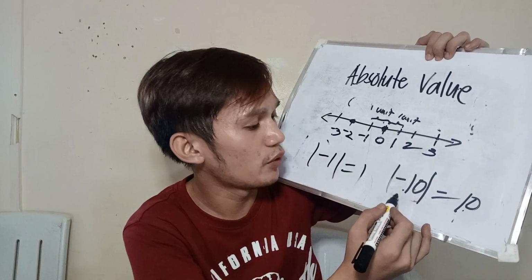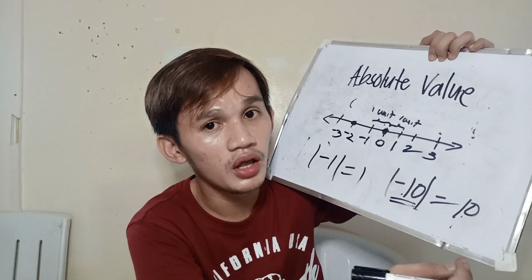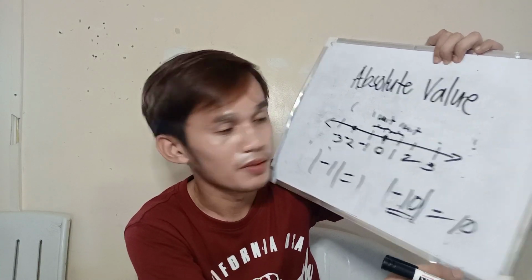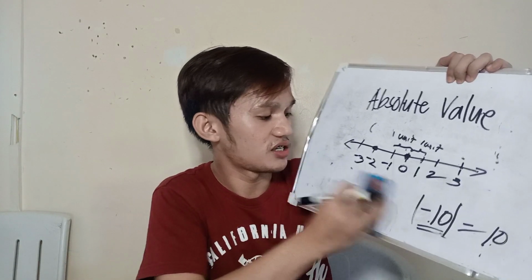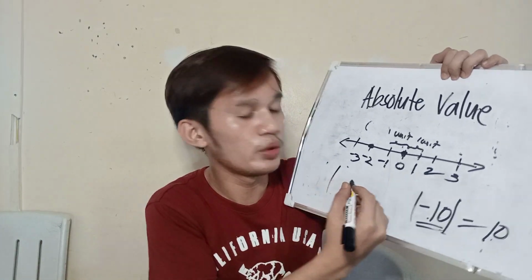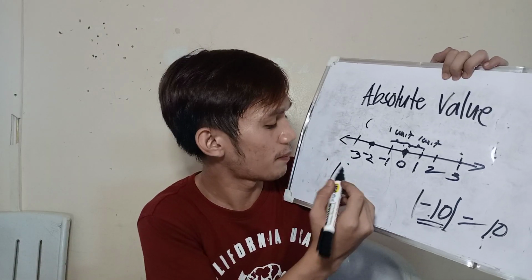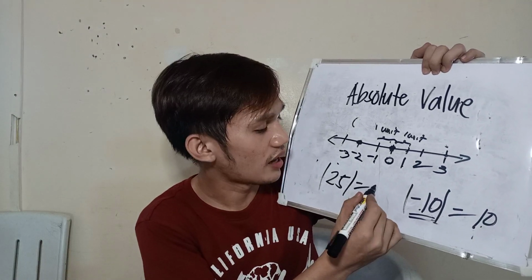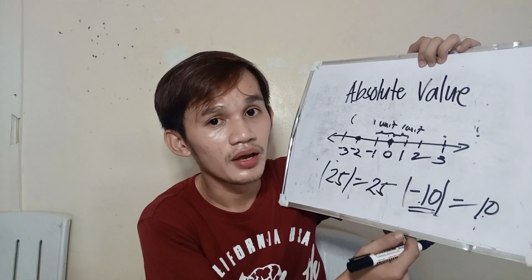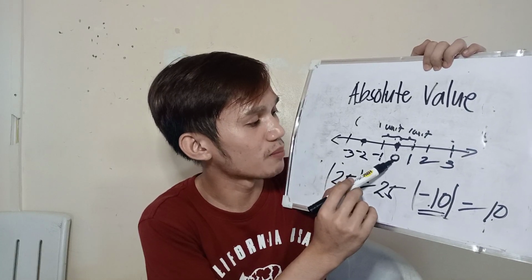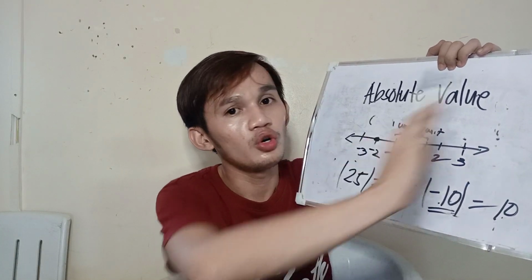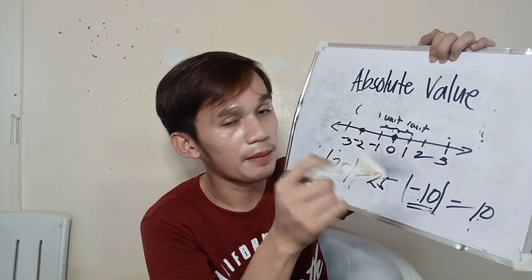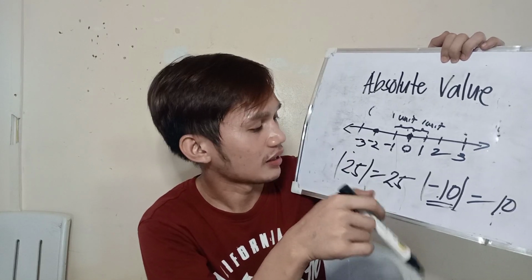Whatever the number inside the absolute value symbol, just change it into positive. The same if we are looking for the absolute value of a positive number, like the absolute value of 25. Definitely it is 25 because it is the distance from 0 going to the 25th number on the number line.